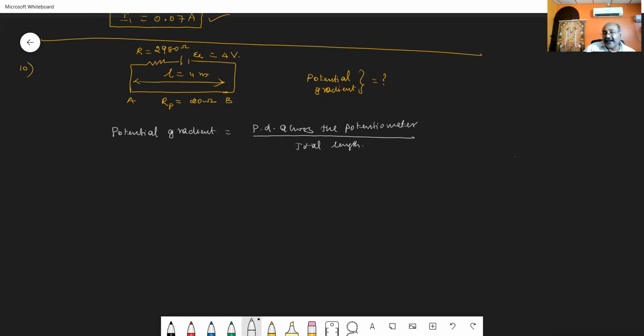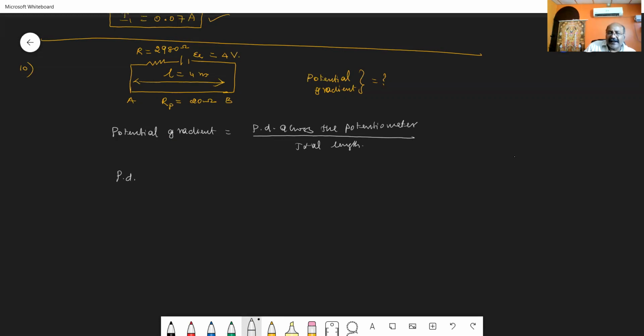Any quantity divided by length is called a gradient. Velocity divided by length, velocity gradient. Potential gradient, and the negative potential gradient is equal to electric field. Already you might have studied in your first lesson. Okay, the potential difference across the potentiometer divided by total length is the potential gradient.